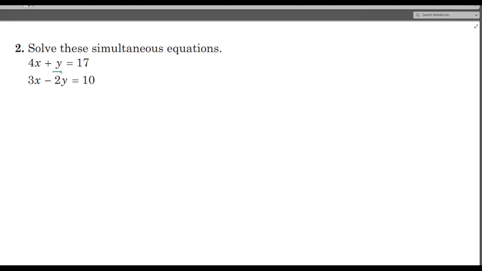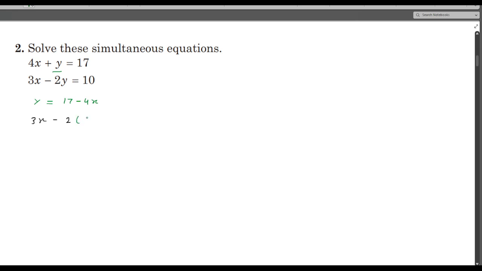So we will write y in terms of x, which is y equals 17 minus 4x. Now I will substitute the value of y in the second equation. So your second equation is 3x minus 2y equals 10, and in place of y we replace 17 minus 4x.